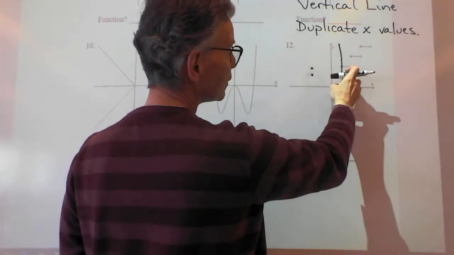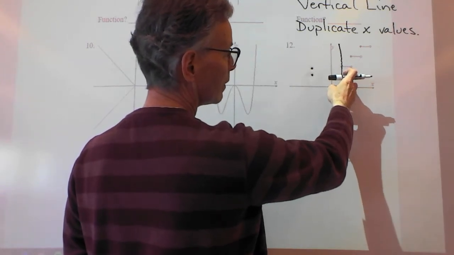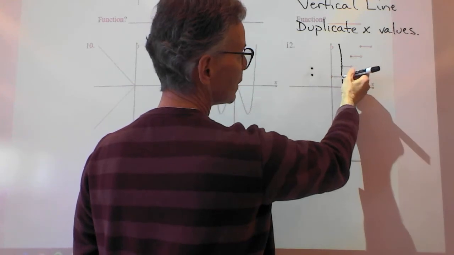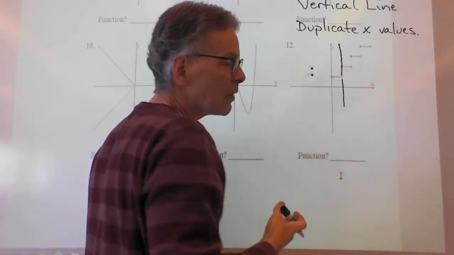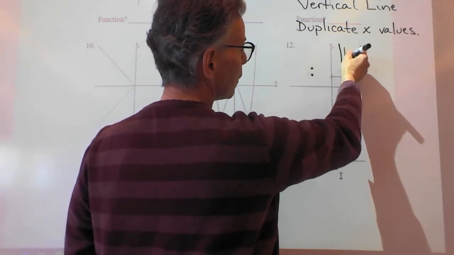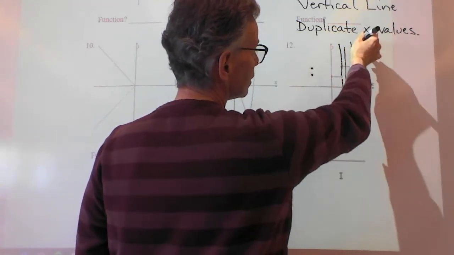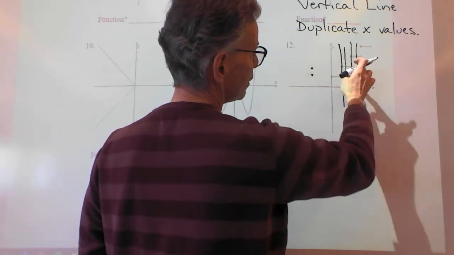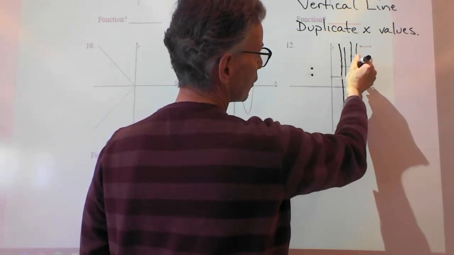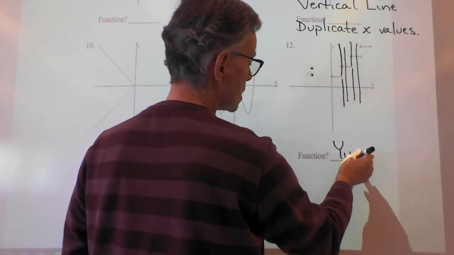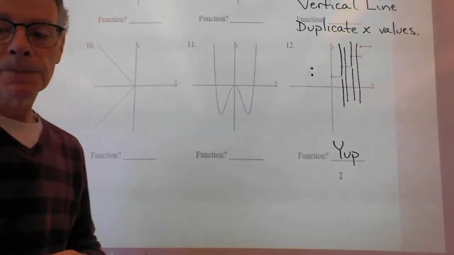This is not a point. Immediately to the left, these are all points, but that open circle means there's nothing there. So no matter where I drop a vertical line, it only crosses once, right? Remember, those aren't points. So this one would be, yep, a function.